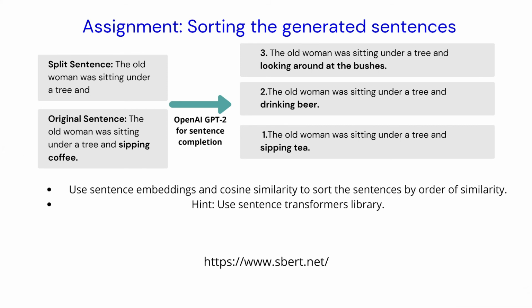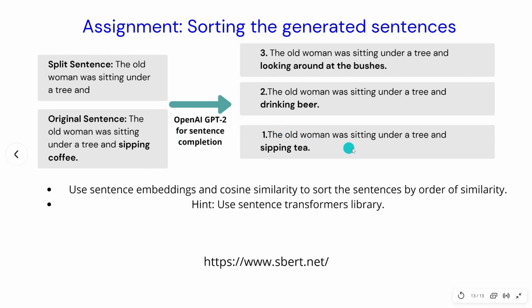In the previous section you have seen how you can use GPT-2 to generate all these kinds of alternate sentences just starting from a split sentence like this. Now we have one problem. Let's say if we generate 10 sentences, we want to automatically identify the most dissimilar sentences to the original sentence, so they can be used as false statements.